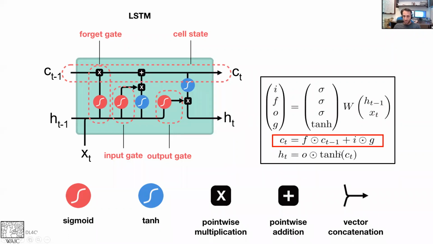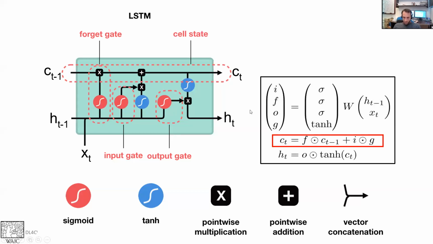This comprises a G gate multiplied element-wise by an I gate, and an F gate multiplied element-wise by the previous cell state, the previous memory. What does this mean? Why would we use this update rule?